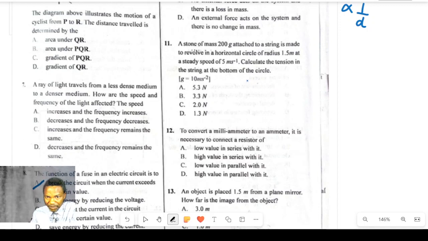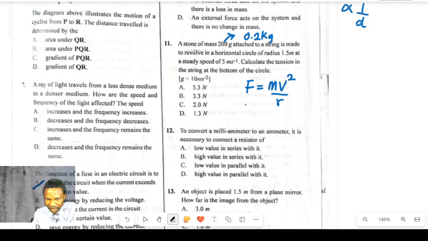So if you do this, this is centripetal force. So the force is going to be the mass of the stone, the square of the velocity divided by the radius. All we need to do here, the only trap in this question, is convert this to kilogram, which is divided by 1000, that would be 0.2 kg.